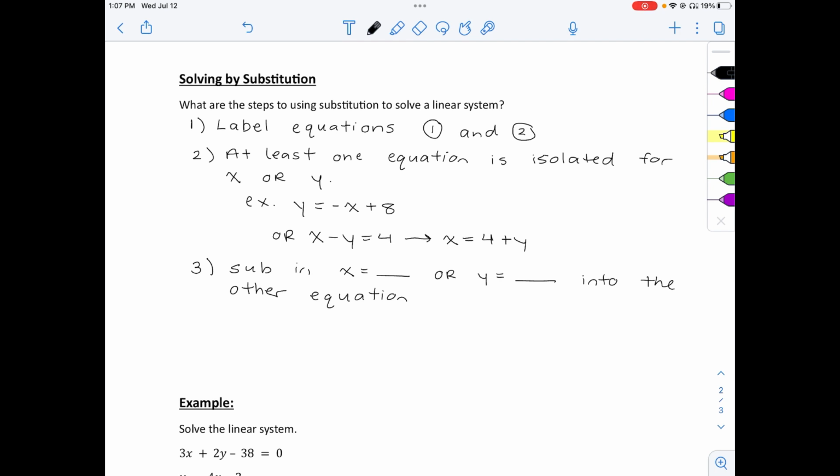Then you will simplify and solve for that variable, x or y, depending on which one you subbed in. The last step is subbing in x or y into either equation to get your other variable.